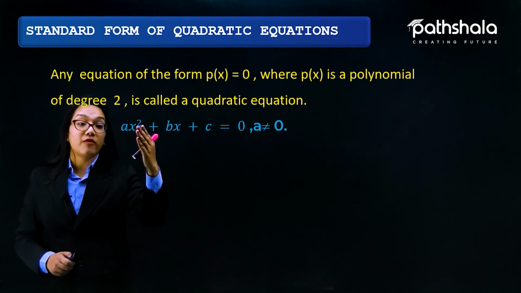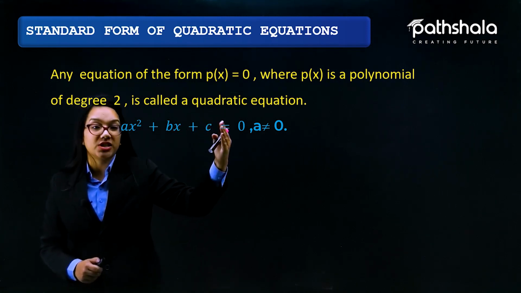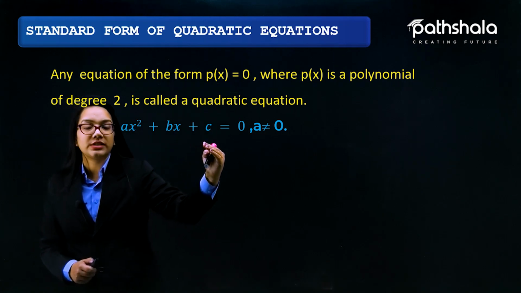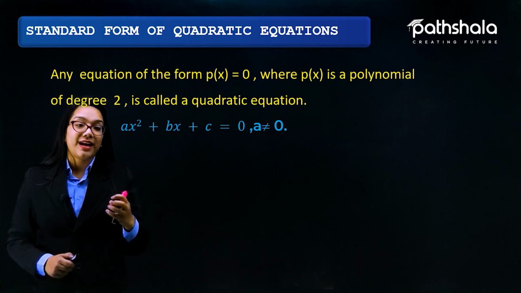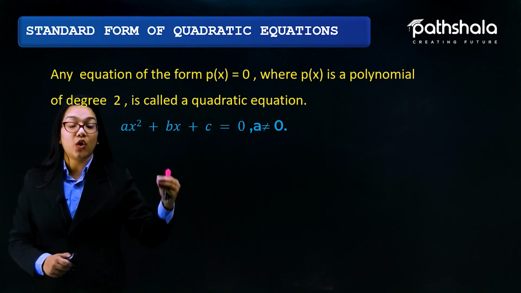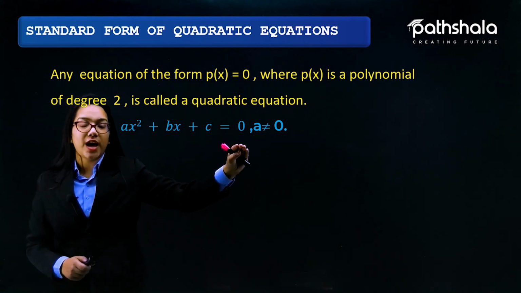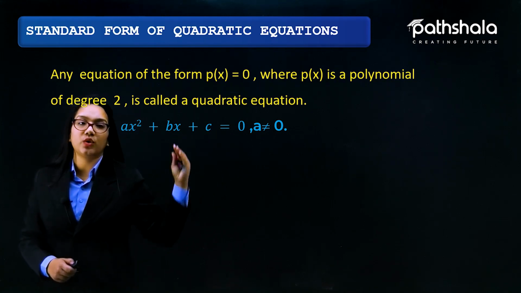We have x raised to the power 2, then x raised to the power 1, then x raised to the power 0. So we have arranged the terms of the quadratic equation in descending order of the degree of the variable x. Such a formation is called the standard form of the quadratic equation.